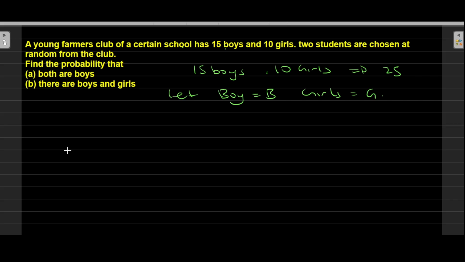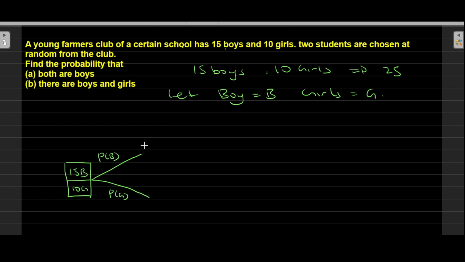And I'll take an example. This is my class or my club. This club is made up of 15 boys, and then it is made up of 10 girls. Therefore, we have two probabilities: a probability of getting a boy, and also a probability of getting a girl.